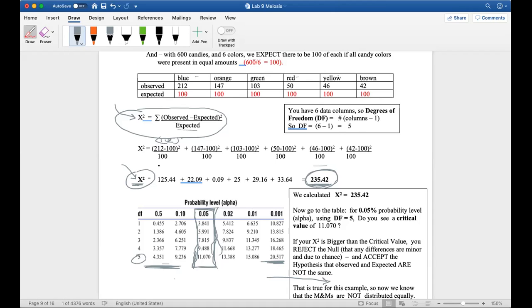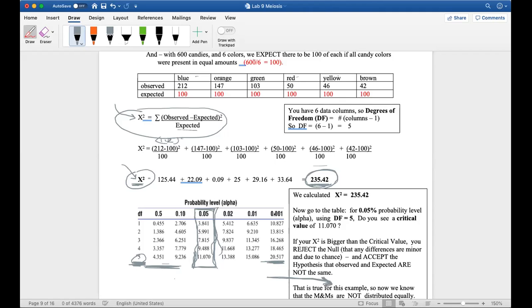So what we can do is we look at this table and we say, okay, we've got 5 degrees of freedom right there, okay? And we have a chi-square value of 235.42. Well, let's see what we can find on here. Here's a chi-square of 4, 9, 11, 13, 15, 20. It looks like 235 is off the charts in this direction, doesn't it?